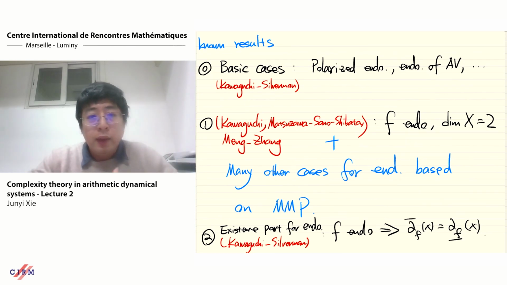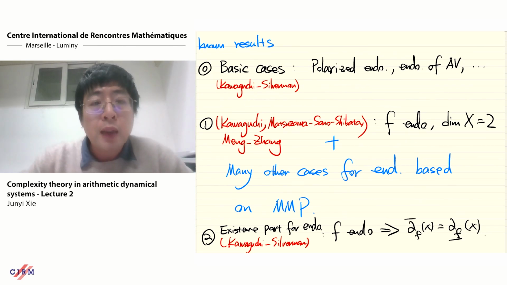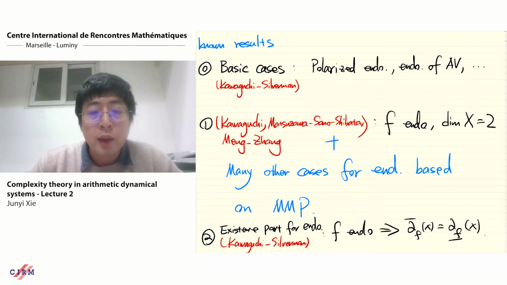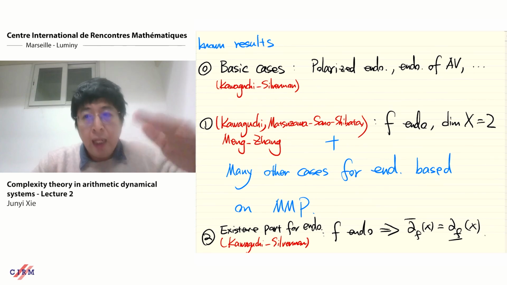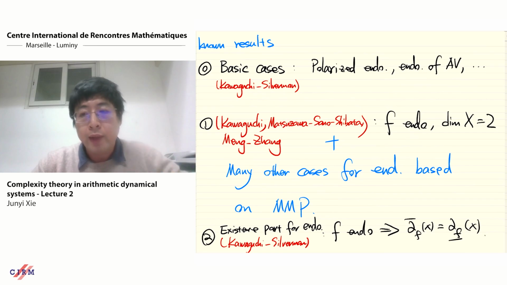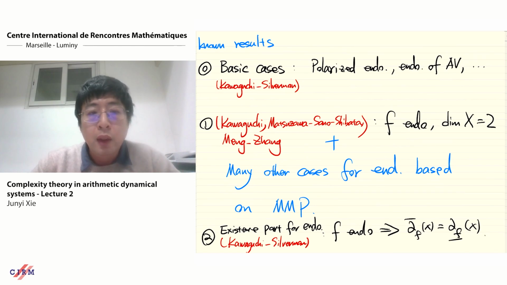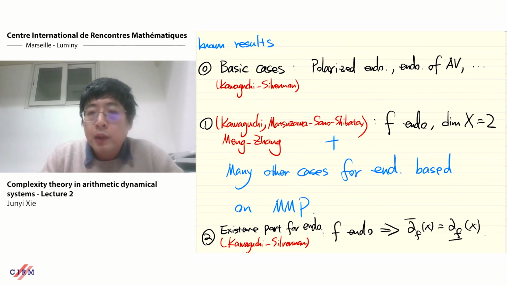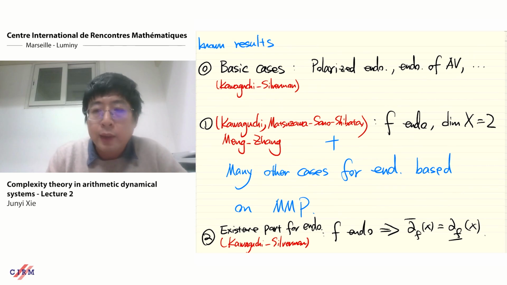So here I give some known results for this Kawaguchi-Silverman conjecture. I divided them into some classes. I think the first class is some basic cases. For example, f is some polarized endomorphism, or some endomorphism of an abelian variety, or of a semi-abelian variety, something like this.